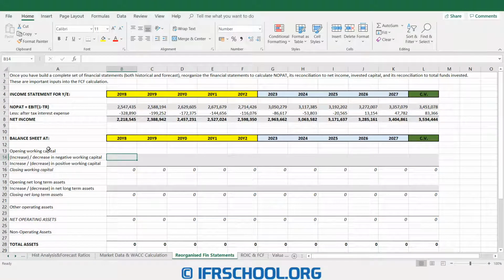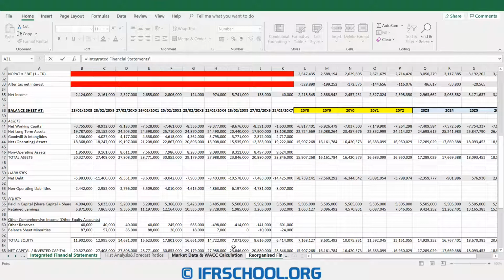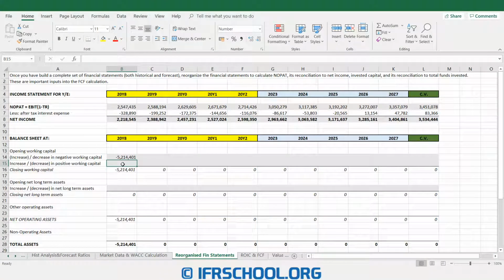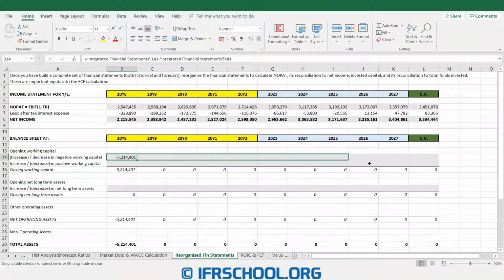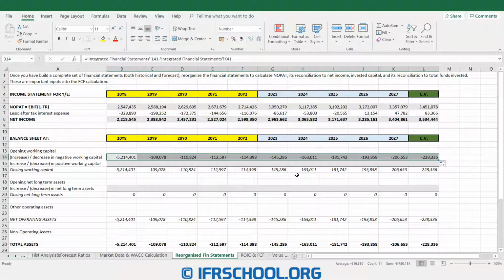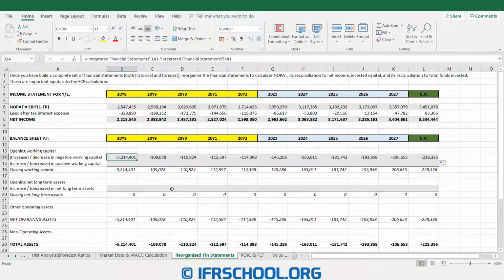To calculate the change in working capital component for each year over the forecast period, we take the working capital balance for a particular year and we subtract off the opening working capital balance, or the prior year's working capital balance. This gives us the change in working capital year on year.